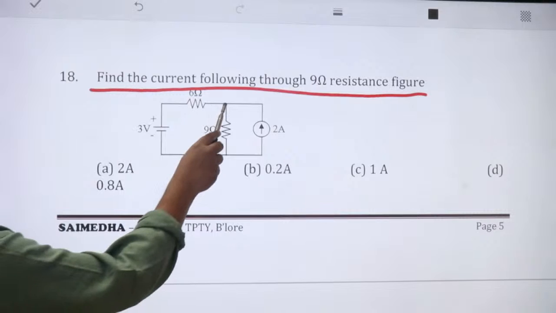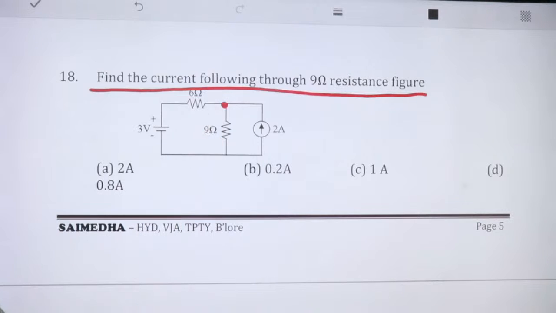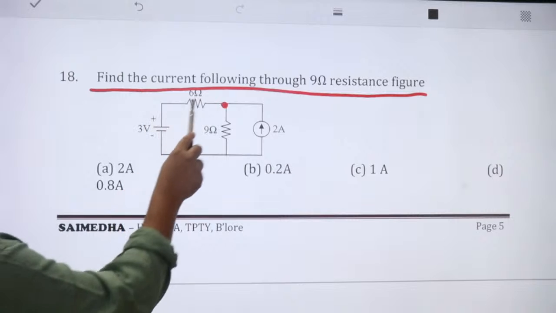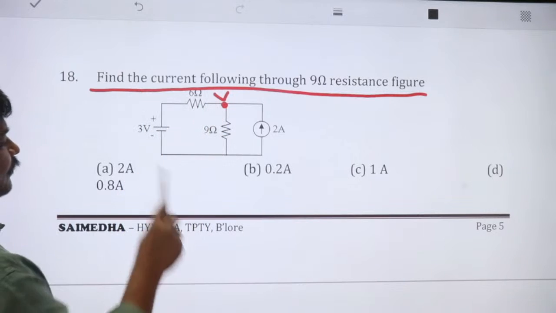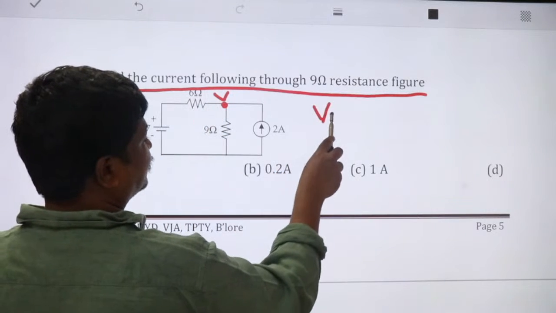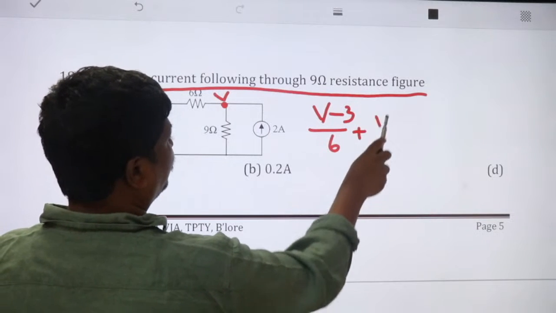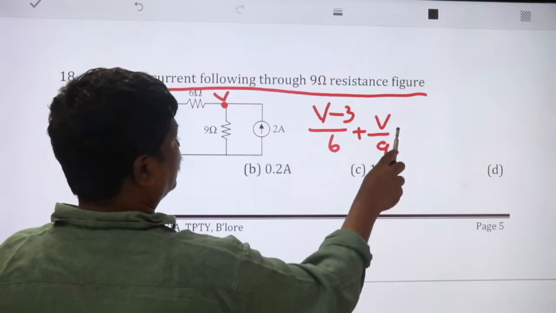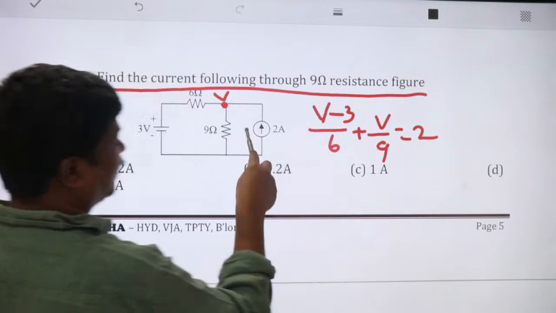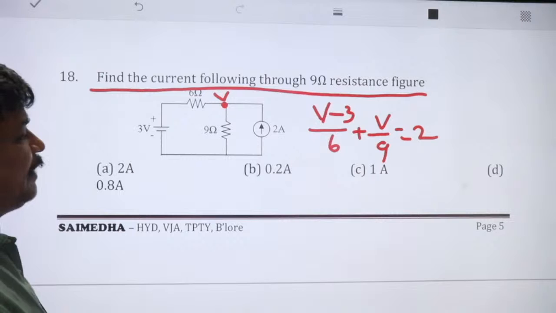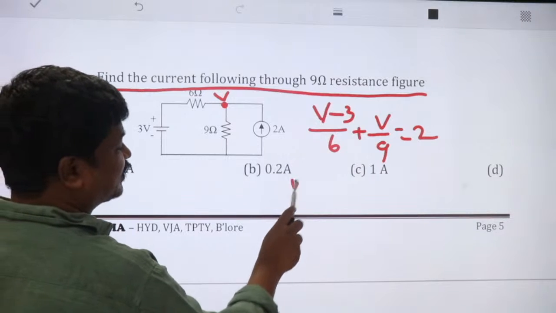Something like that. You have the current here. I can say V is here. (V minus 3) divided by 6 plus V by 9 is equal to 2 amperes minus 2 is equal to 0. What does this become?